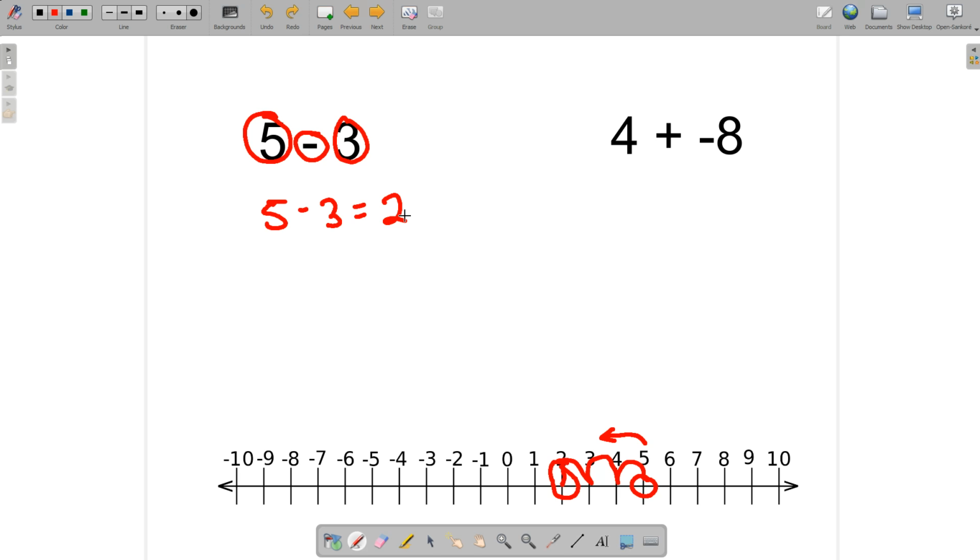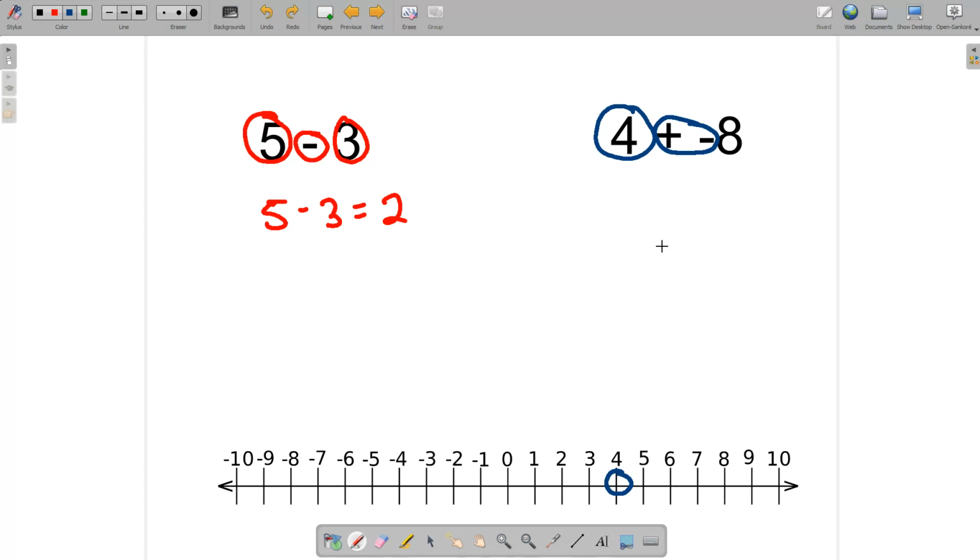Now, I'm hoping you look at the problem and say, I already knew that. That's not that tough. But I think it's important sometimes to understand why that was the answer in the first place. So as we move to the problem here, 4 plus a -8. Obviously, this is a little bit new and a little bit more difficult. So, once again, same 3 steps. We want to start with a 4, but this time, a positive and a negative are in between the numbers. They're both in the ring.